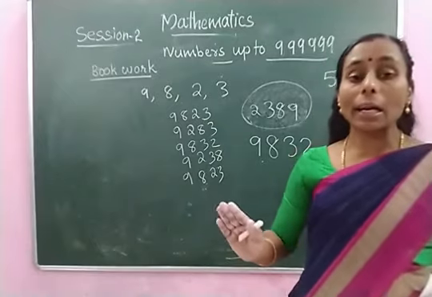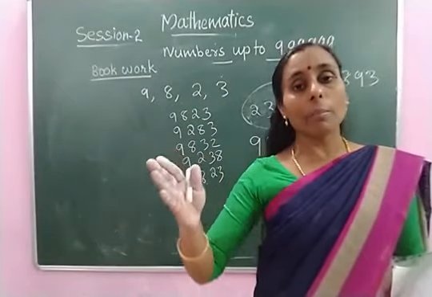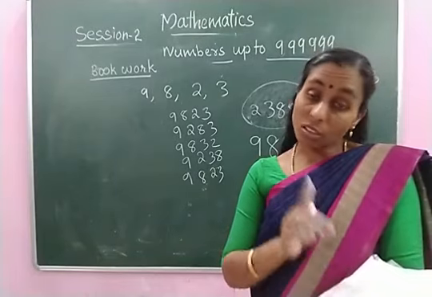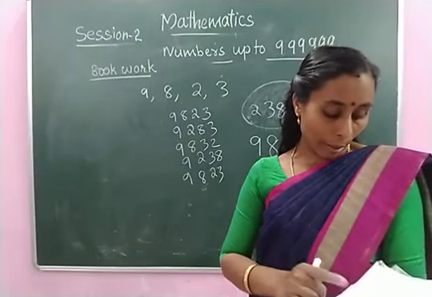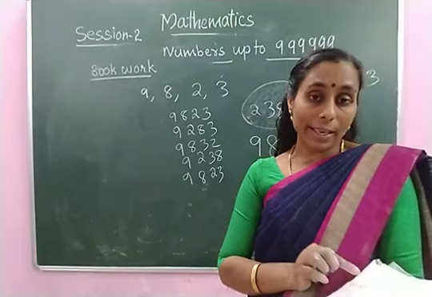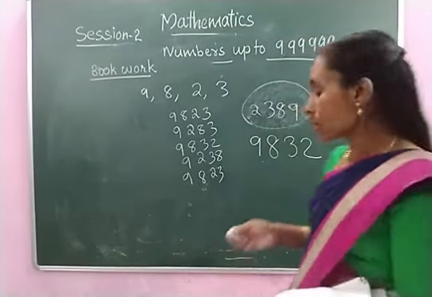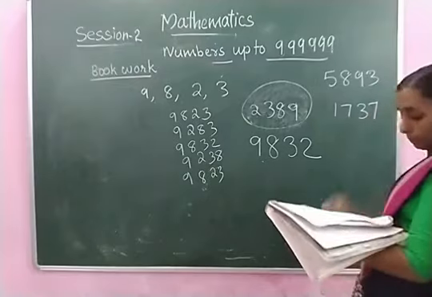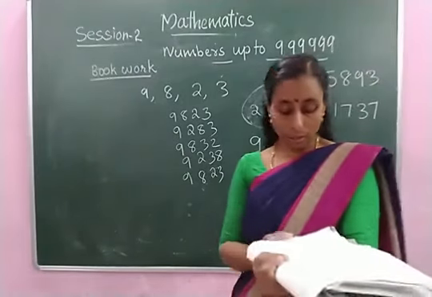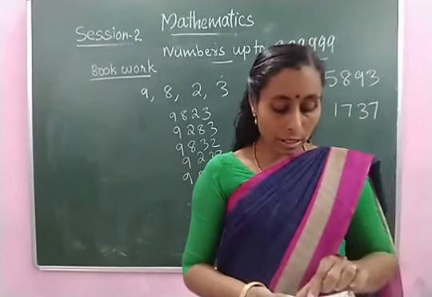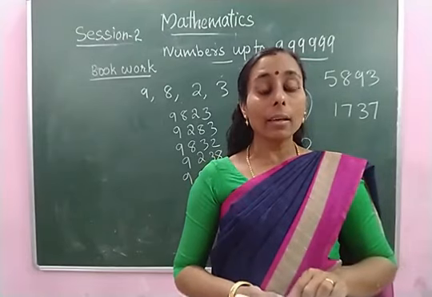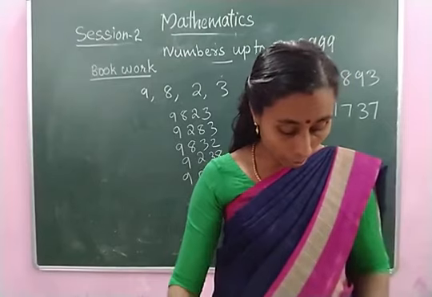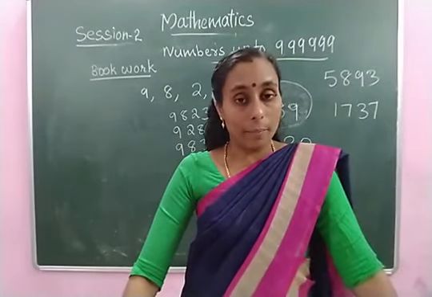By adding 1 to any number, we get the successor of the given number. 1736. What is the successor of that? 1737.